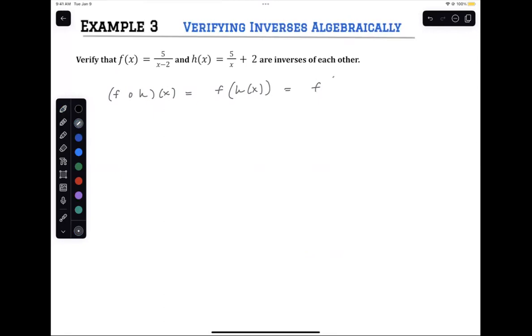F of h of x they gave us was 5 over x plus 2. So I'm going to plug this in for x in f. If you notice, the x is in the denominator. So I'm going to replace this x with a parentheses and then all of the h of x function.